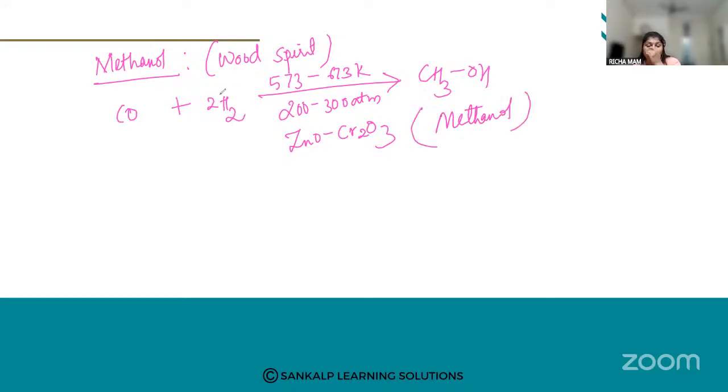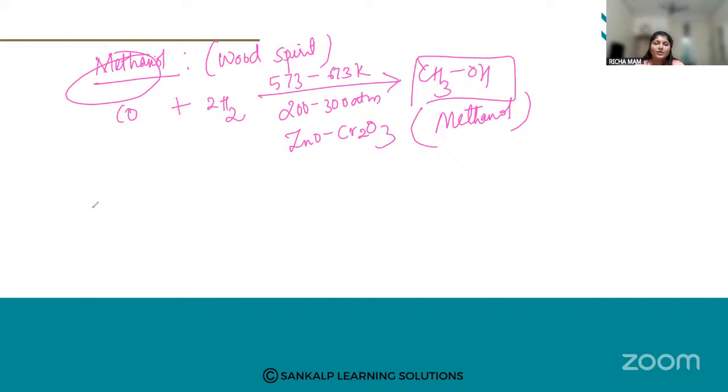It is a colorless liquid and highly poisonous. It is used as a solvent in paints, in varnishing, and in the preparation of formaldehyde.